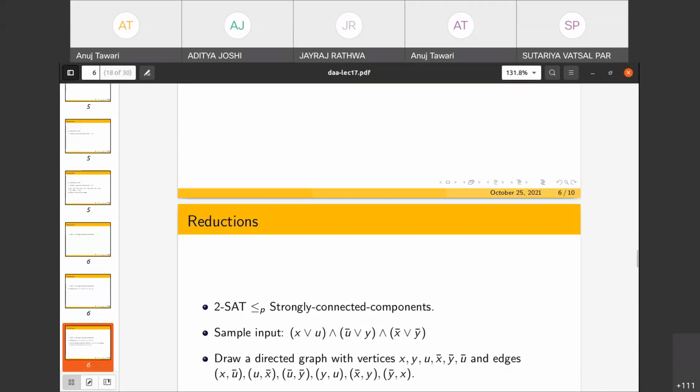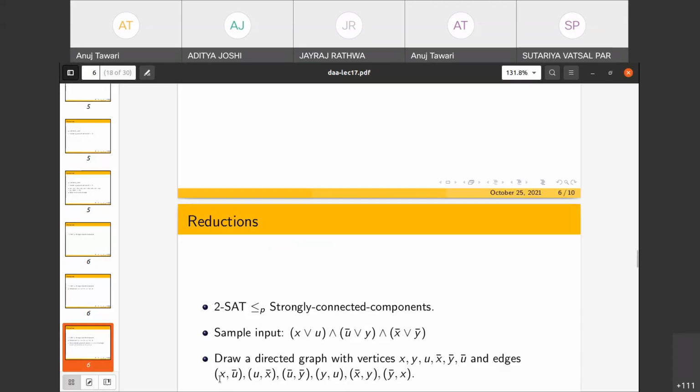So what we are doing with these edges is that if x is false, then u bar will have to be false to satisfy this particular sum, right? So the idea is essentially this, that you follow the edges to form some path until you reach the original vertex x.